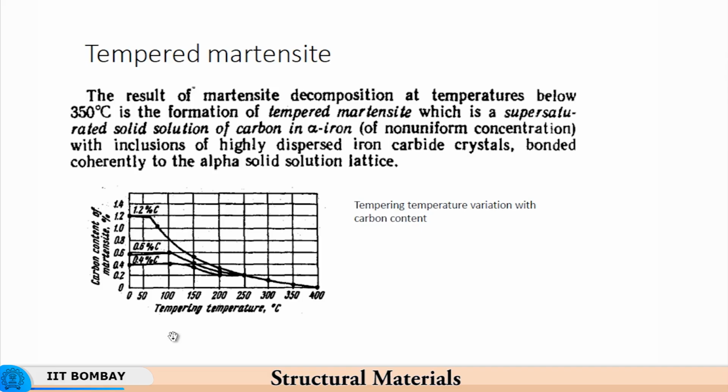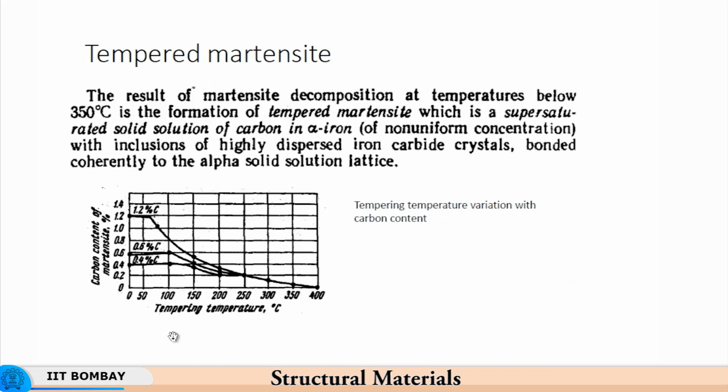That gives the strength, and the fact that you have alpha iron means that the toughness you had lost in martensite is now recovered. Now it is more body centered cubic, and the excess carbon in alpha iron can react with iron to form iron carbide as well.